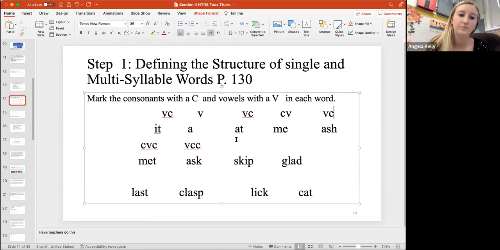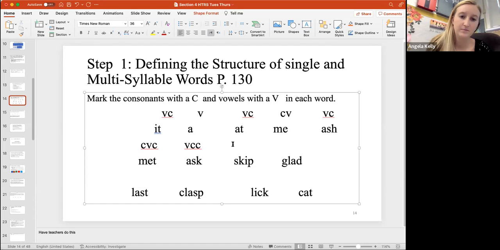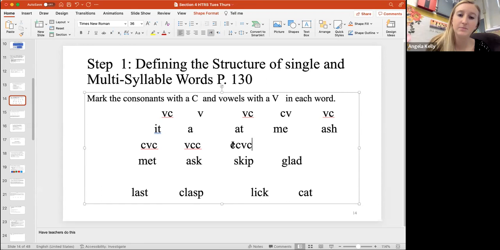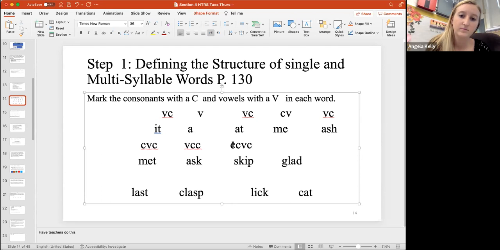Okay? What did you do for skip? CCVC. I agree. And is that simple or complex? I would say simple because it's a vowel in between. I know, but what about the SK? Is there any vowel between those two single consonant sounds? No. And that's the key.